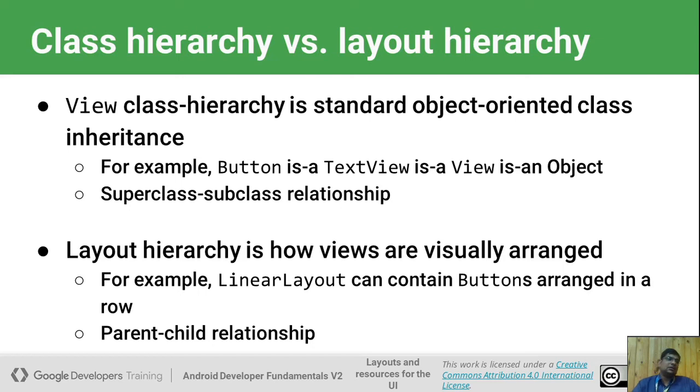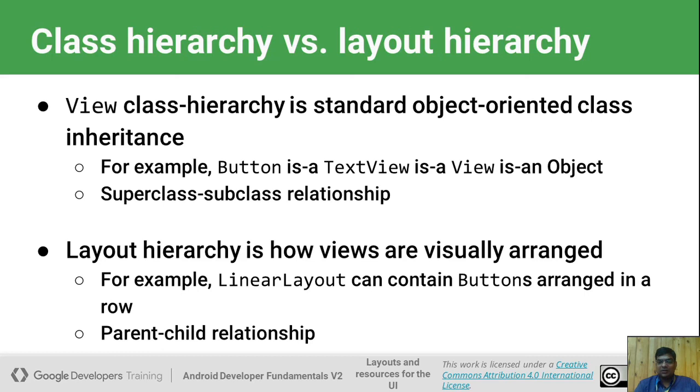For example, button is a text view, is a view, is an object. Okay, superclass. What is the relation in that? Superclass-subclass relationship, because the view is a superclass and button and text view are subclasses of that superclass.